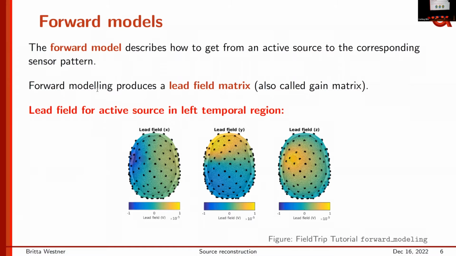So here is an example of what a lead field for an active source in the left temporal region looks like. It's hard to appreciate, but here is this big blob. That is the active source. And we now simulated if this source here was active, what would we see at the sensor level? If we had a real brain with just this one source active and nothing else, what would the field look like at the sensor level, in this case, MEG?